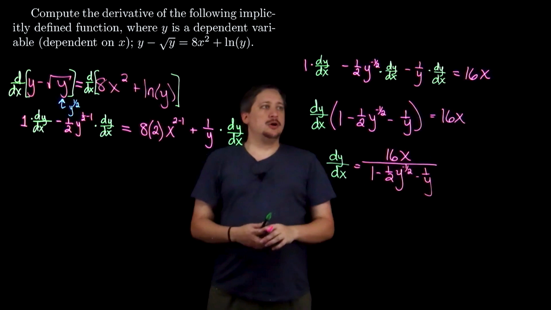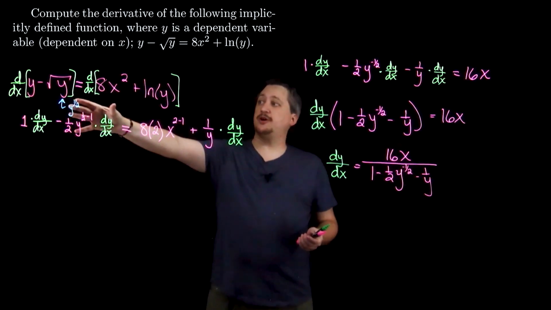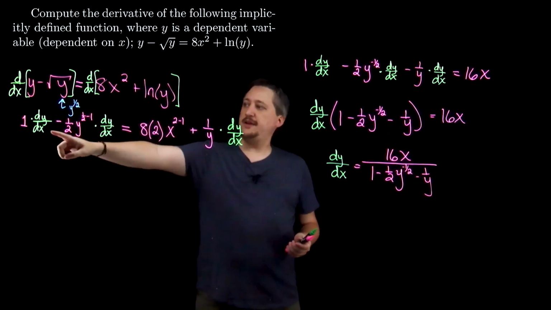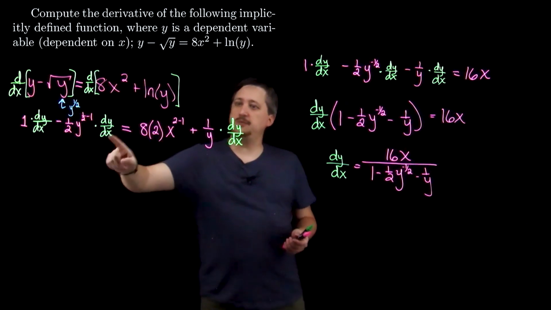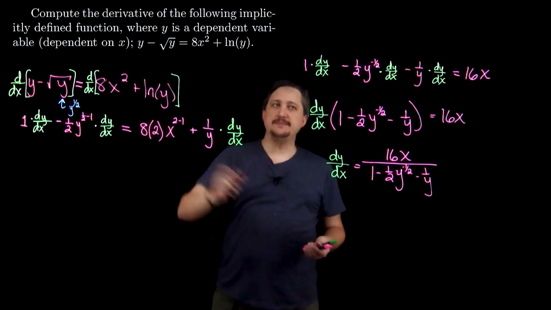Okay? So in order to start the process, I took the derivative with respect to x. That means everywhere there wasn't an x, I ended up with a dy/dx, and everywhere there was just x, I did it as normal.